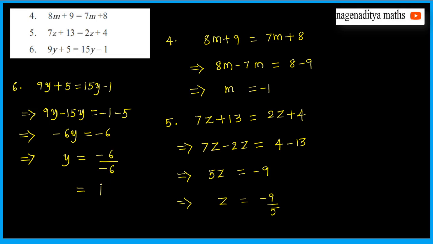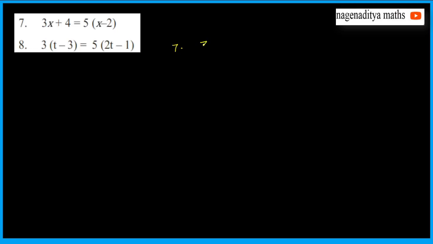Okay. 3x plus 4 is equal to 5 times x minus 2. Okay. This implies 3x plus 4 is equal to 5 into x, 5x, plus into minus, minus, 5 2s are 10.